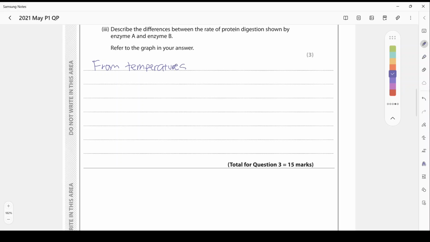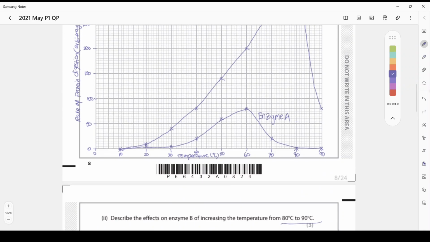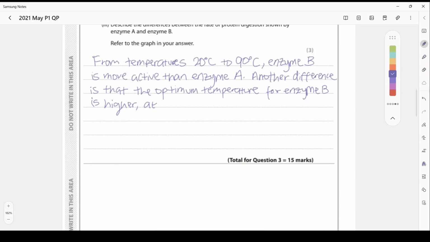Okay, so we can say from temperatures 20 degrees to 90 degrees, enzyme B is more active than enzyme A. Another difference is that the optimum temperature for enzyme B is higher, at approximately 80 degrees.